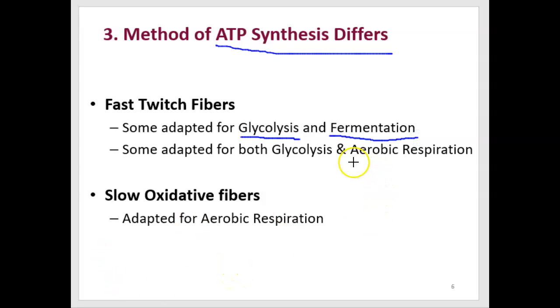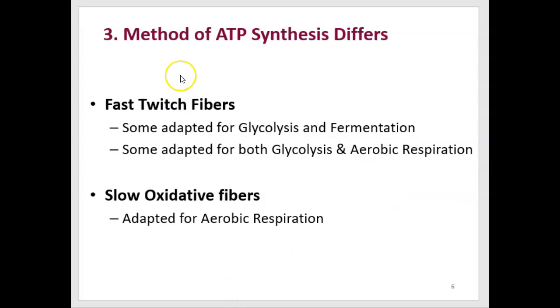And you might remember that aerobic respiration involves taking that pyruvate into the mitochondria, allowing the Krebs cycle to occur and the electron transport chain to produce more ATP.